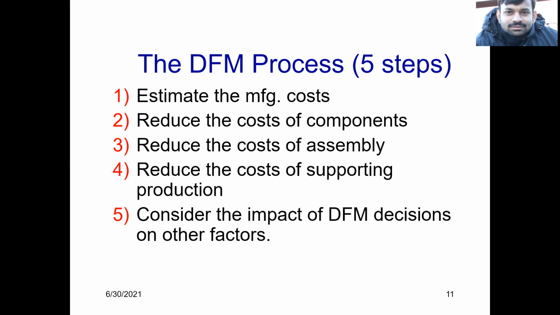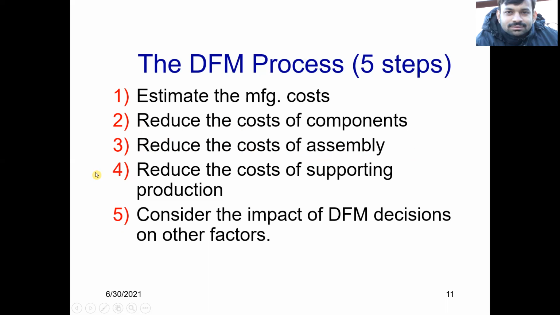Because standard components are manufactured in bulk quantity, and whenever something is done in bulk quantity with proper planning, its cost is automatically reduced. So first we'll try to see if we can avoid the custom component and use the standard component. Then we will go to the third step, that is, reduce the cost of assembly.